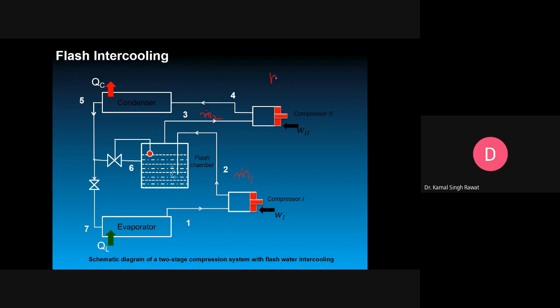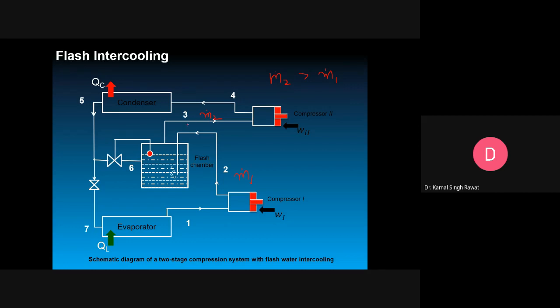This m dot 2 is slightly greater than m dot 1, since due to the heat removal, the superheated vapor converts into saturated vapor, and due to this heat, some extra vapor is generated. So the mass flow rate for the second compressor is m dot 2.